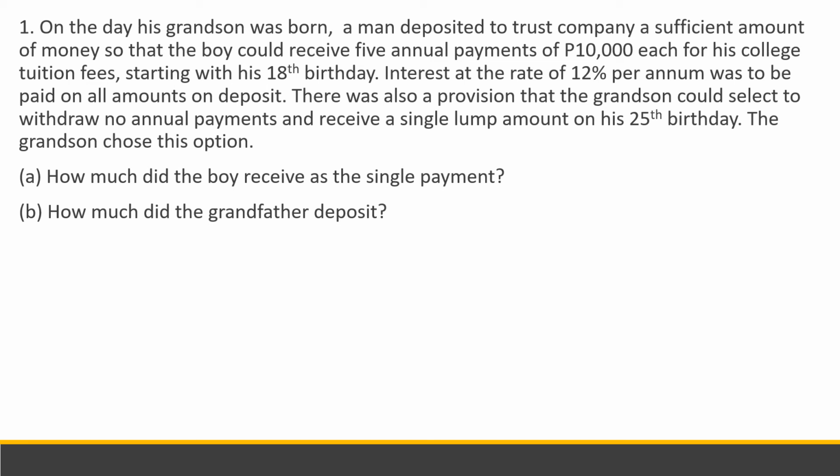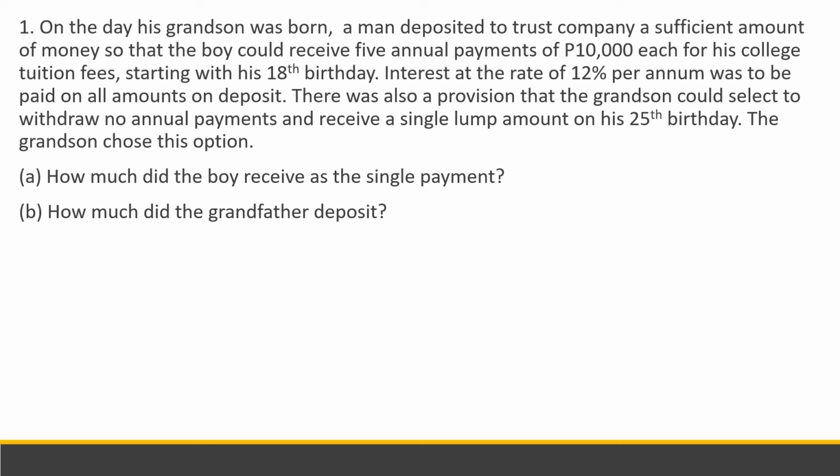Okay, so on the day his grandson was born, a man deposited to a trust company a sufficient amount of money so that the boy could receive 5 annual payments of 10,000 pesos each for his college tuition fees starting with his 18th birthday.